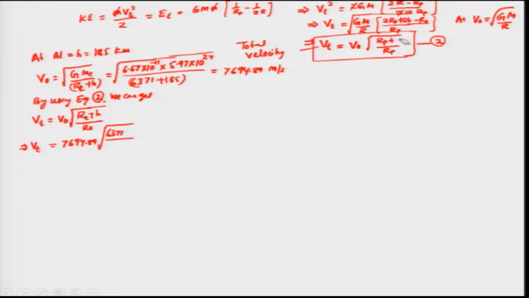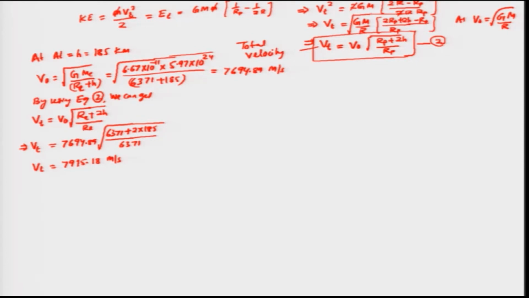Keep in mind this will be 2h. 2 into 185 divided by 6371, and you will get V t is equal to 7915.18 meter per second.